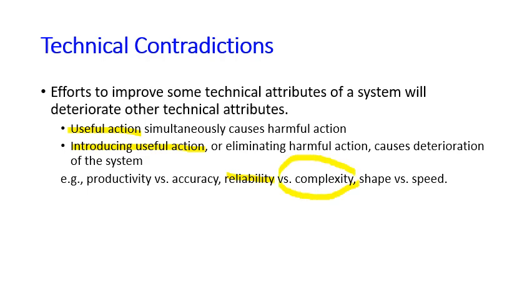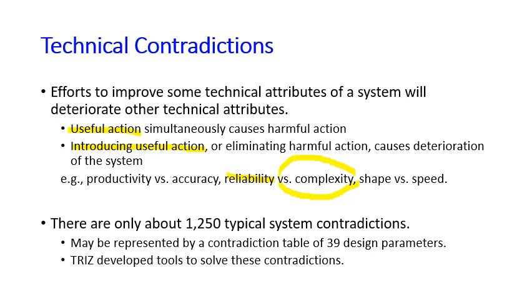However, Altshuller found out that among all contradictions that he has seen in the products and services, there are only about 1,250 typical contradictions. And even better, these contradictions may be described by 39 design parameters.